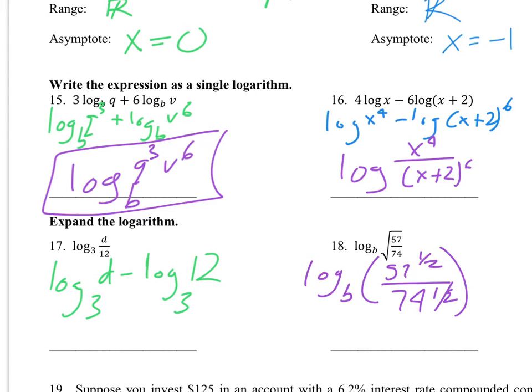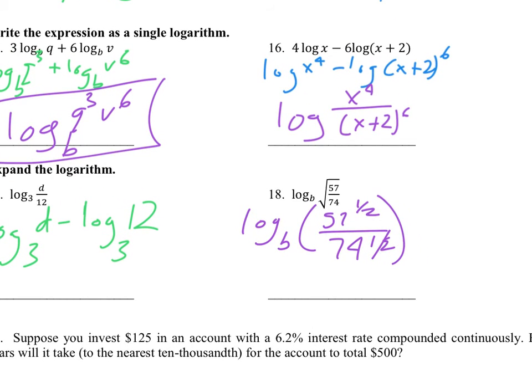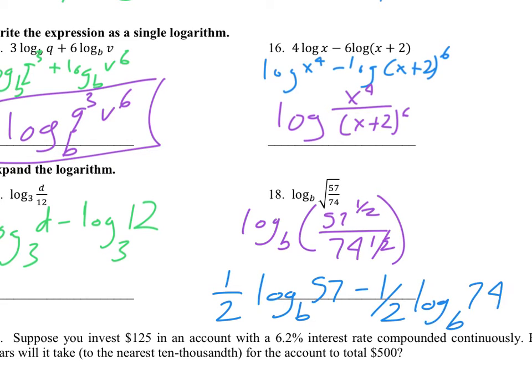And so I can see when I expand that, I'll expand with both the quotient property and the power property. I end up with 1/2 log base b of 57 minus 1/2 log base b of 74. And if you wanted to, you could factor that 1/2 out. You just then have to remember to have the logs in parentheses then.